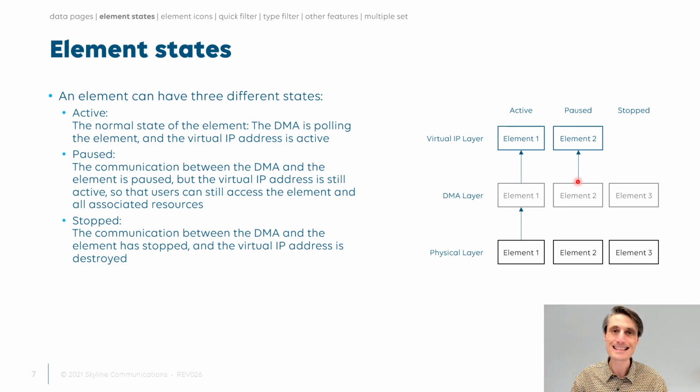So the element state: active, paused, stopped. I've briefly mentioned that in the introduction. So an element that is hosted in a DataMiner agent. So we have 3 of them, element 1, 2, and 3. If it's active, it is effectively polling the data source, the effective physical element or physical data source somewhere in my network.